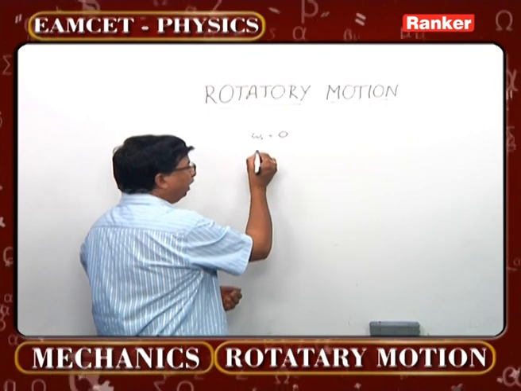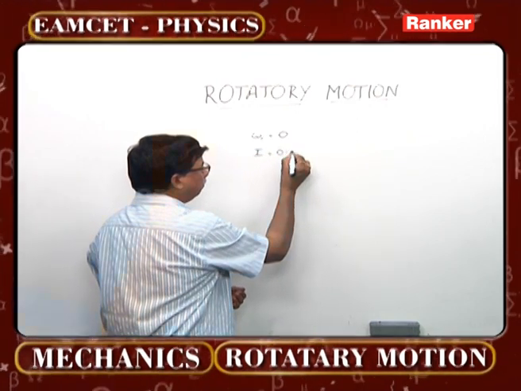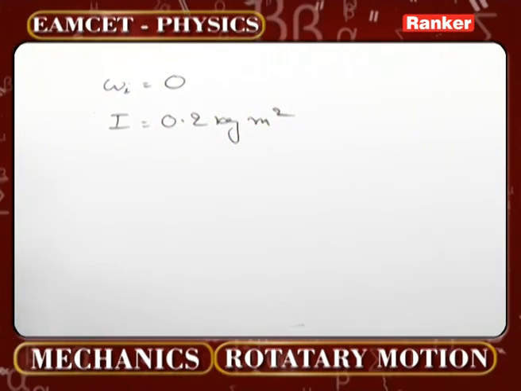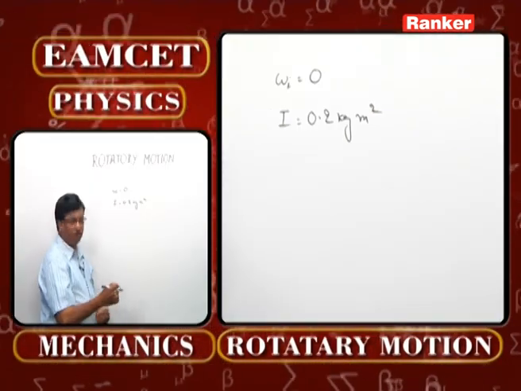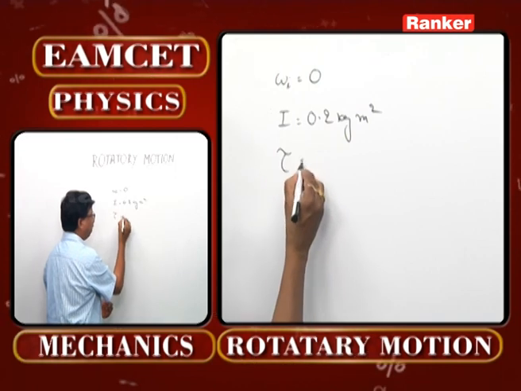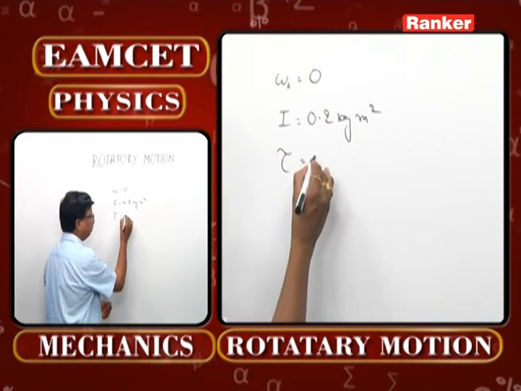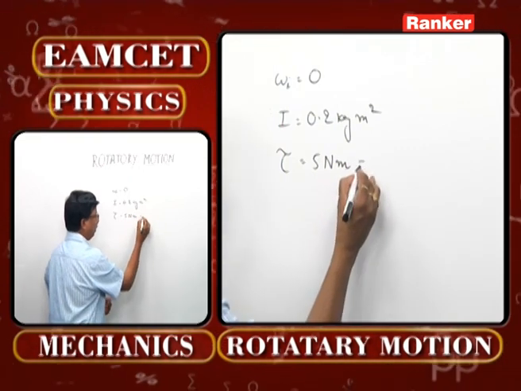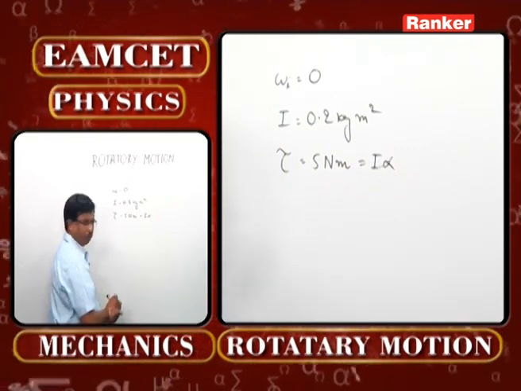Fine. Moment of inertia is given as 0.2 kg meter square. And what is the torque that is acting? Torque is given as 5 Newton meter. But truly speaking, torque is equal to I alpha.